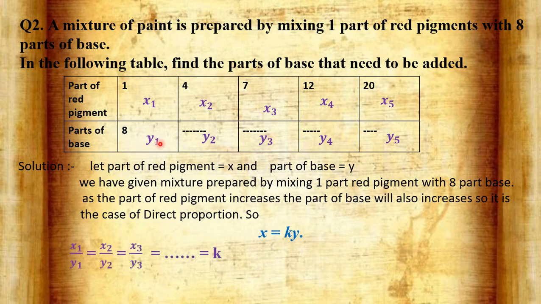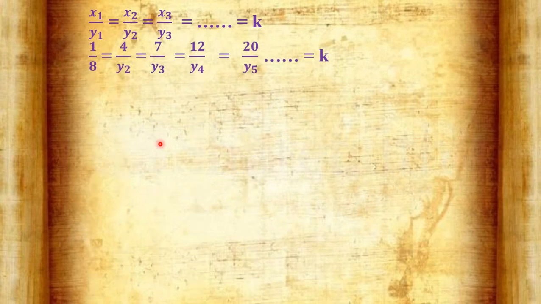By the formula we can write x is equal to ky, or x1 upon y1 is equal to x2 upon y2 is equal to x3 upon y3 and so on, up to k. Putting the values from the table, we get 1 upon 8 is equal to 4 upon y2 is equal to 7 upon y3 is equal to 12 upon y4 is equal to 20 upon y5.